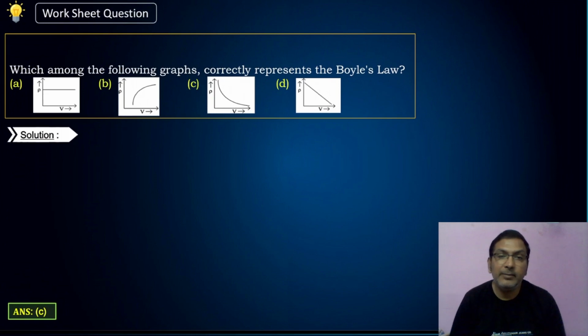Among the following graphs, which correctly represents Boyle's law?